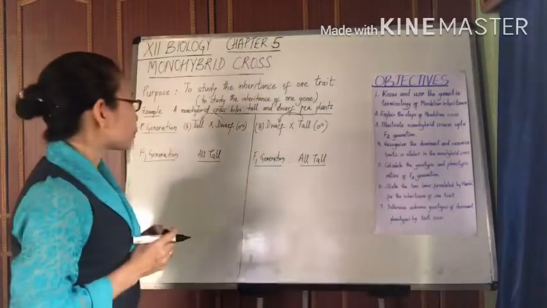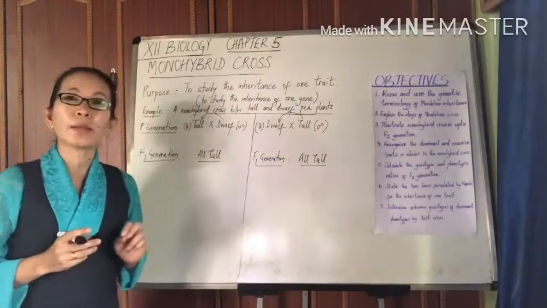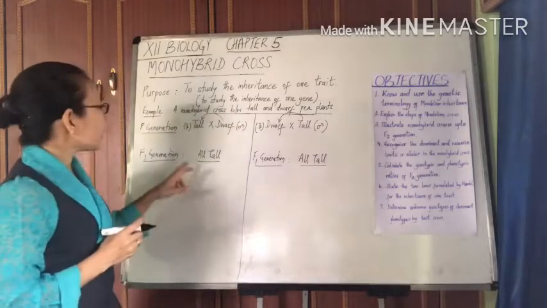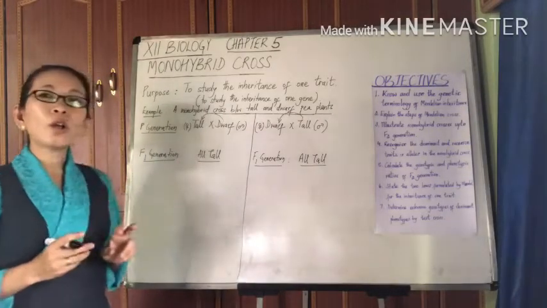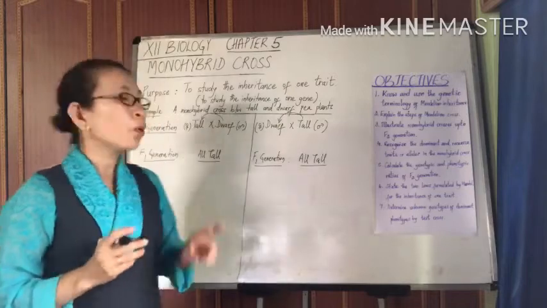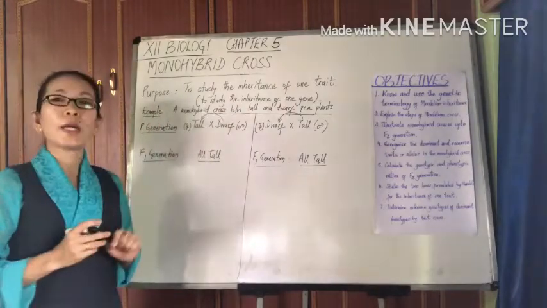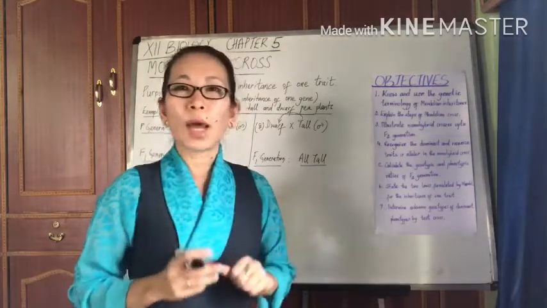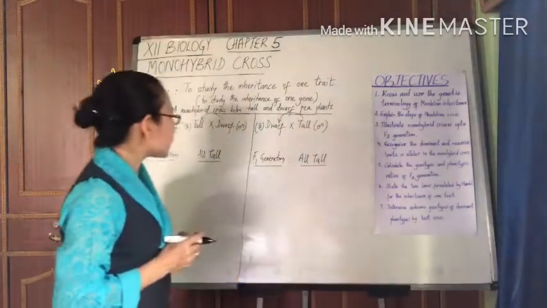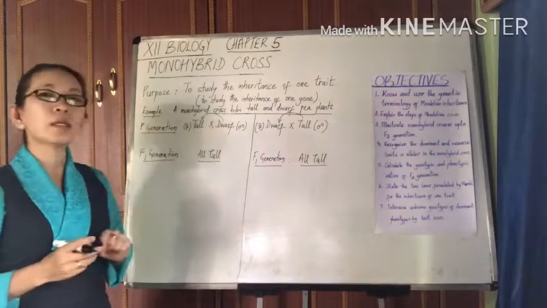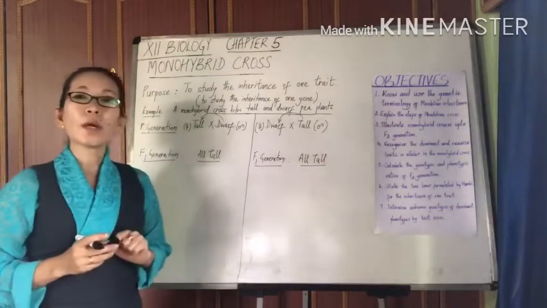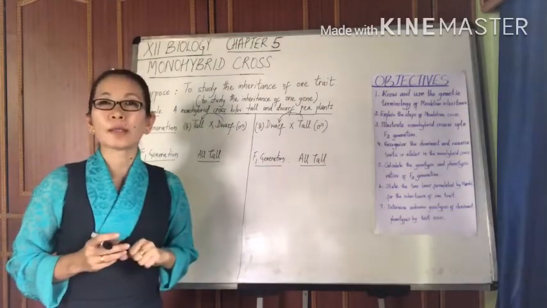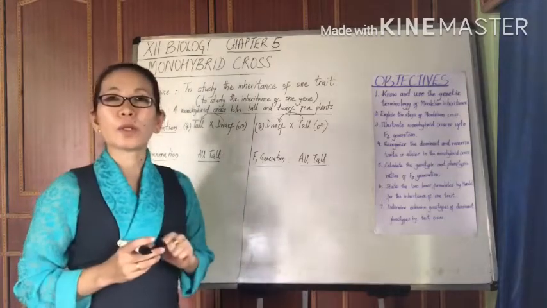So he was not able to find any kind of a blend of the parental characters, but rather he saw that all of his F1 plants carry just one parental trait and the other parental trait was completely absent.